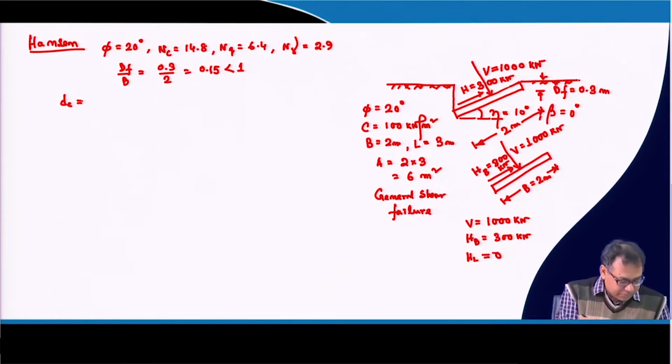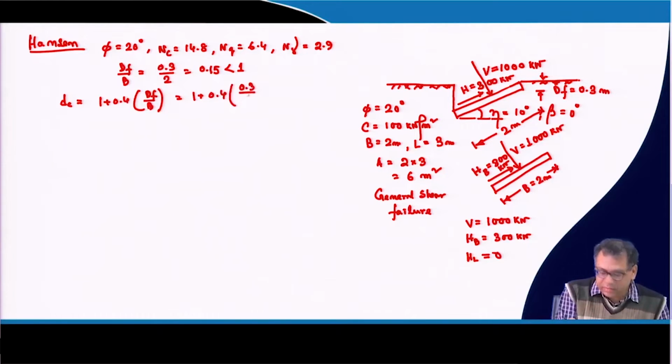Since Df by B is less than or equal to 1, this will be 1 plus 0.4 Df by B. So, this will be 1 plus 0.4, where Df is 0.3 and B is 2. So, this is 1.06.